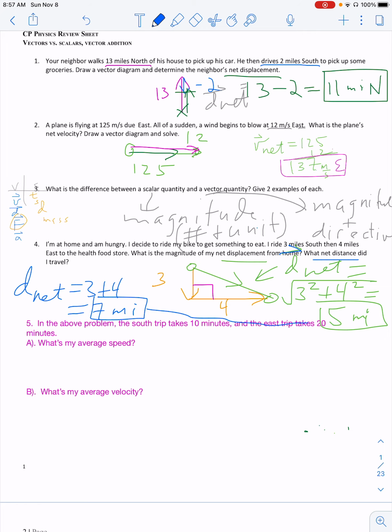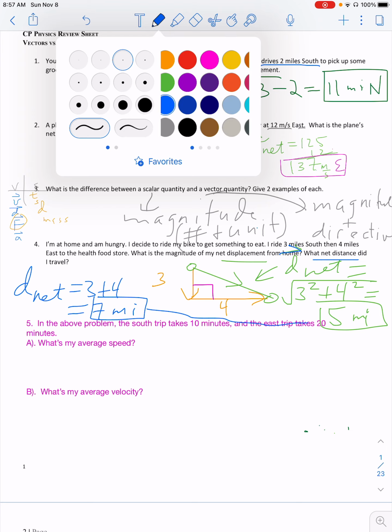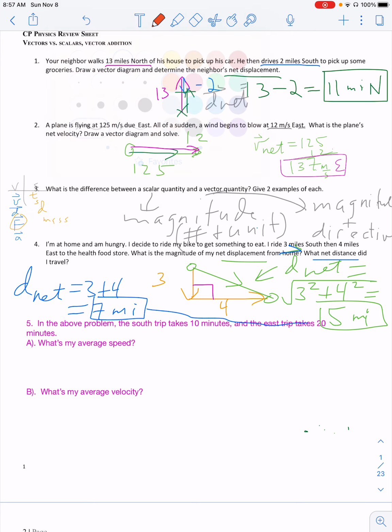So using the same problem, remember we did this on the test with all those city blocks. I don't know if you remember, but anyway, the south trip takes 10 minutes and the east trip takes 20 minutes. What's my average speed? Well, average speed, instead of some kinematics here, is equal to total distance over the time.